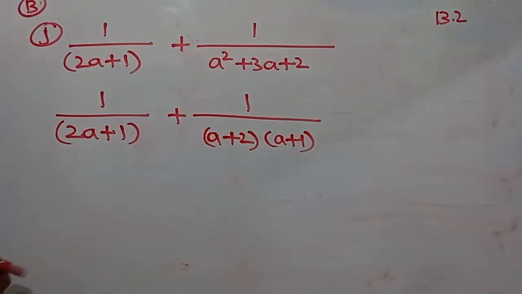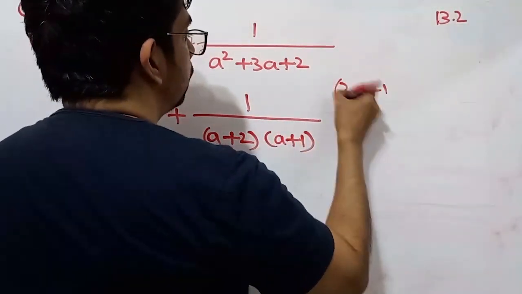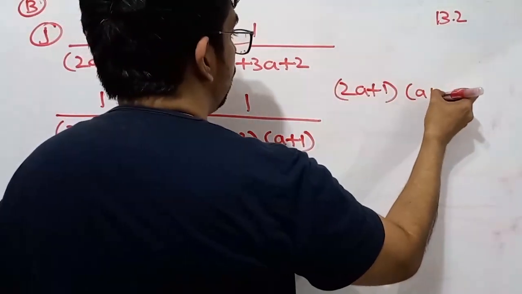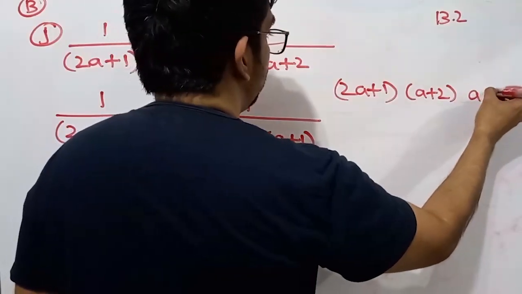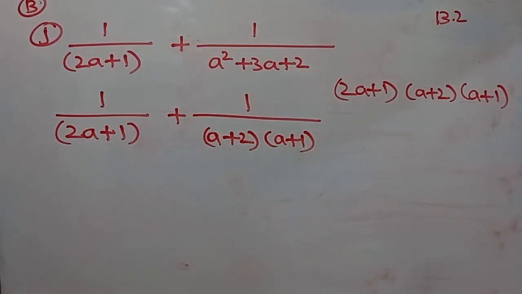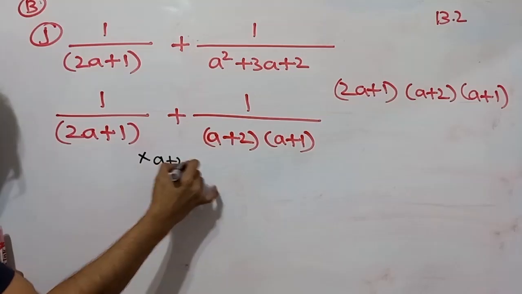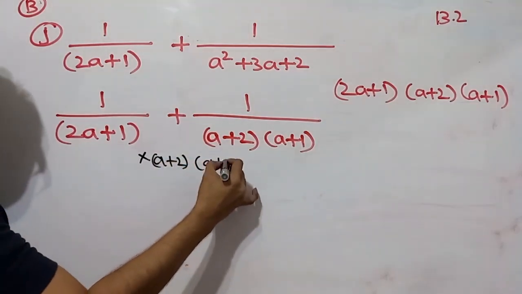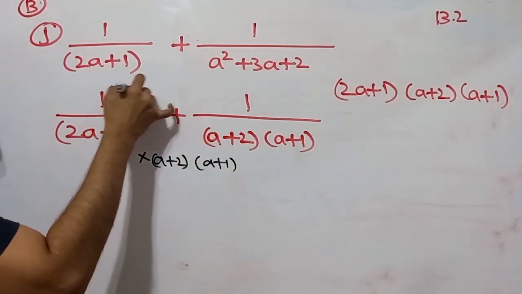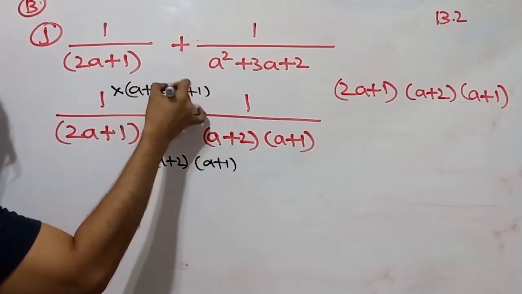So what should be the least common multiple? 2a plus 1, a plus 2 and a plus 1. So here we need to multiply 2a plus 1 by what? a plus 2 and a plus 1. So we need to multiply this by a plus 2 and a plus 1.